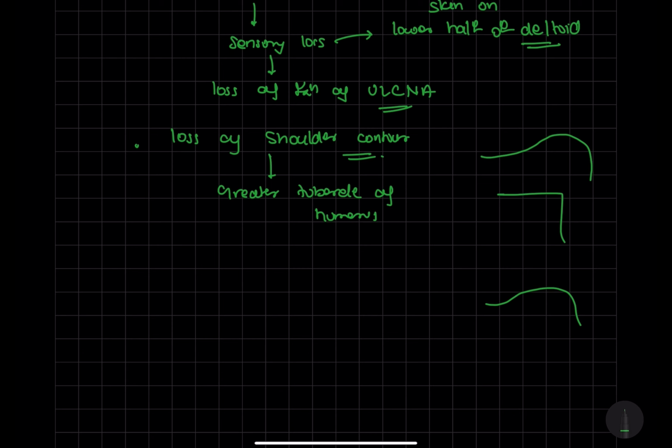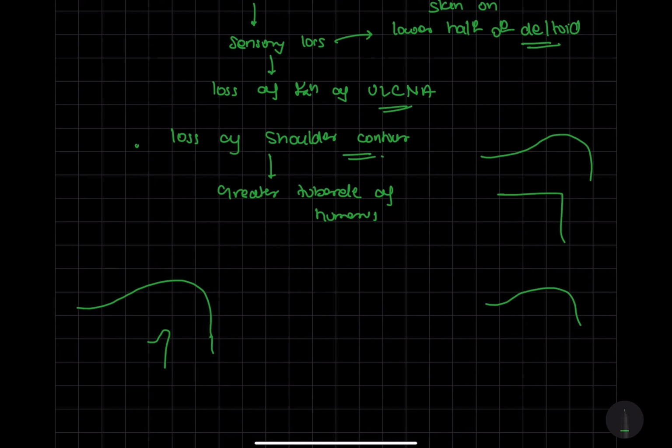Suppose your deltoid was this big, it will become this big, and beneath it we have the greater tubercle of the humerus, which will become prominent. Suppose this is your shoulder contour, and this is your greater tubercle.